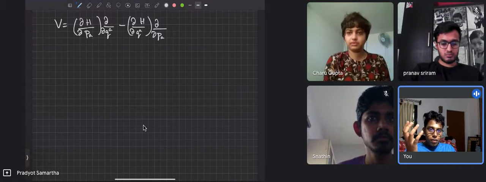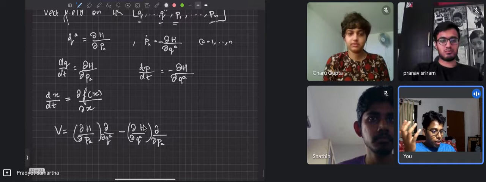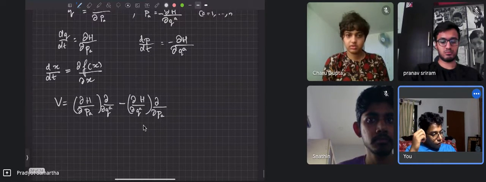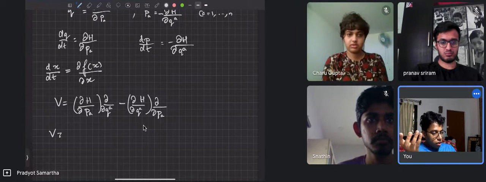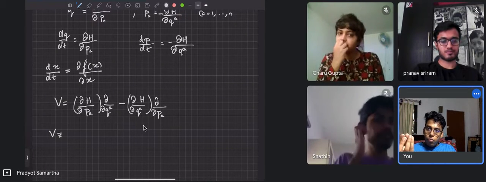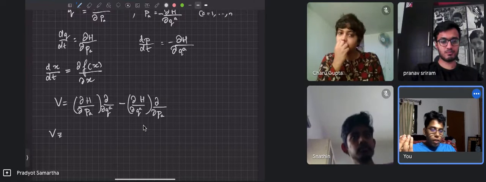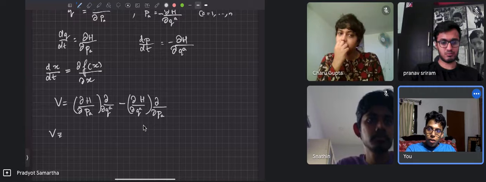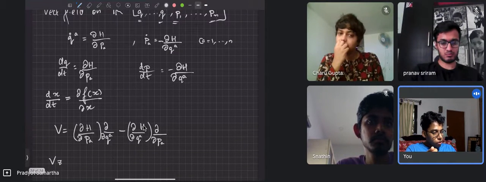So the idea, or exactly why this is the field, is essentially you can take V and put in a variable, and when V acts on the variable it transforms to either one of these two equations.